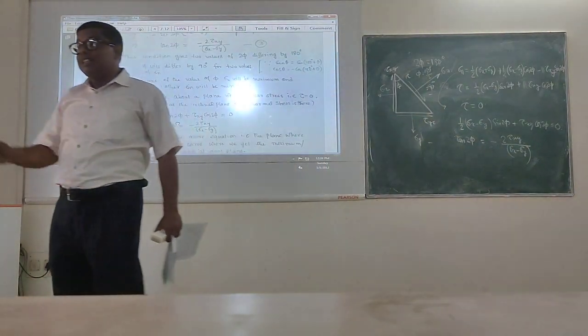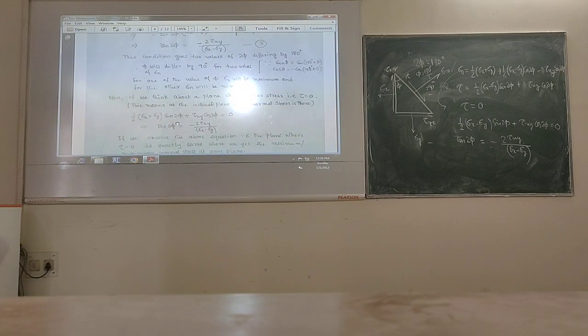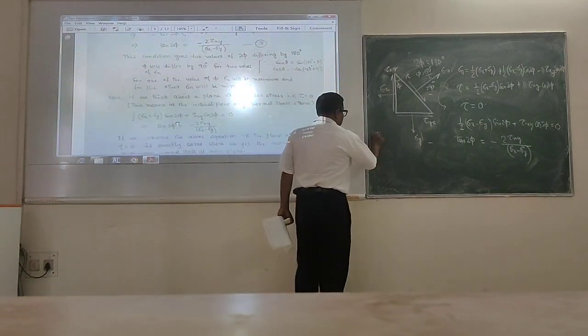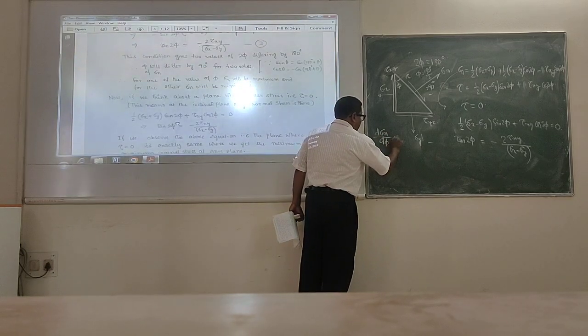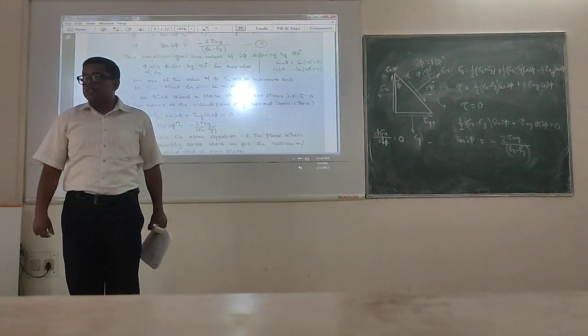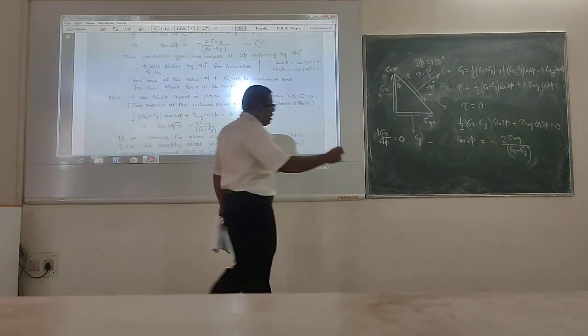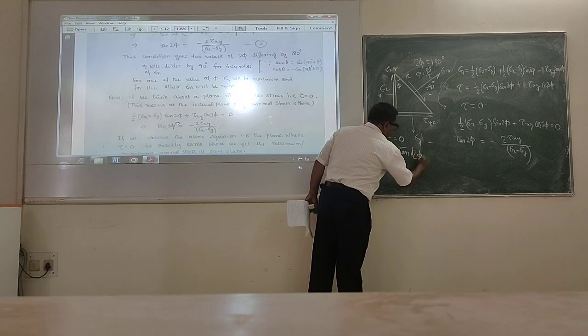Now you see the relation we found when we derived the maxima-minima condition for the normal stress. When we did d sigma n by d phi equal to 0, what is the final result we got?